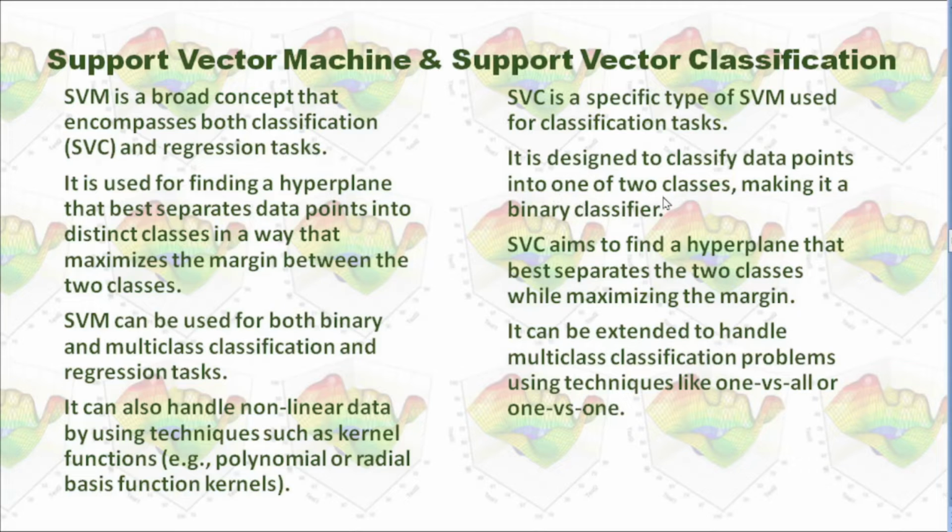It is designed to classify data points into 1 or 2 classes, making it a binary classifier. Because in this model, I want to predict if the price will go up or go down for the next day, in this case, I'm going to use SVC.